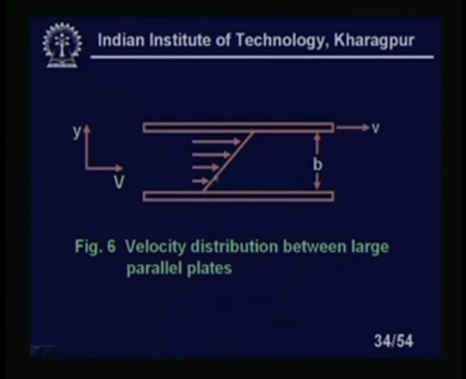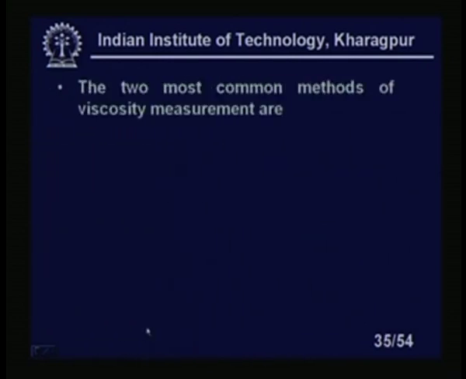So, you will find that the velocity distribution will look like this. This is highest, this is low, and the liquid in contact with this stationary plate will be stationary, right. All this velocity we are measuring with respect to the stationary plate, right. At the top this will be the highest.